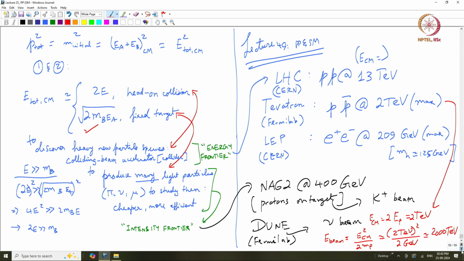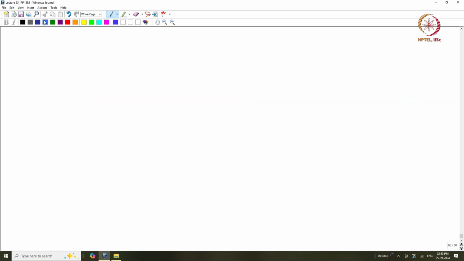So with that, let us now move on to one of the most important concepts in colliders, but not just in colliders, in particle physics, and I would even argue that in all of physics.